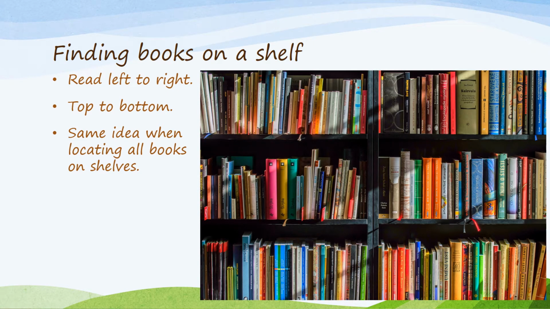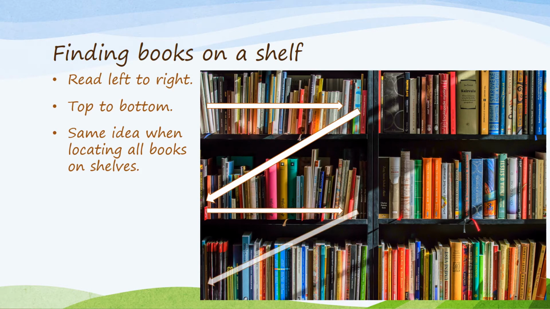So right here you can see I have two shelves, one on the left and one on the right, and we have to start somewhere. So the first place we're going to begin is going to be in the upper left. So you read straight across. As soon as you get to the end of the shelf, we have to go down. So we come down, and then we read left to right again. And where do you think we go? That's right, we go down.